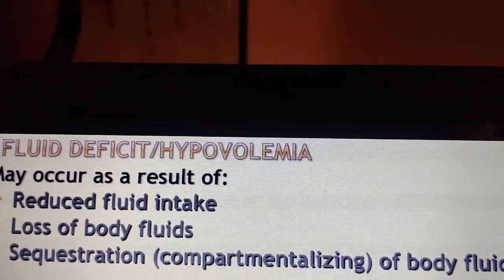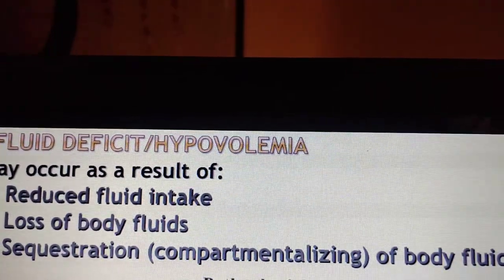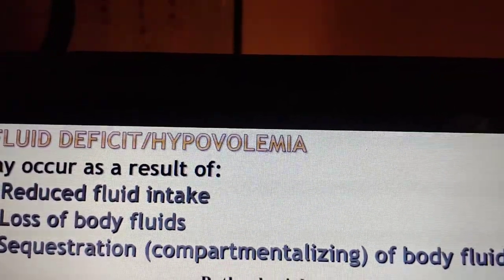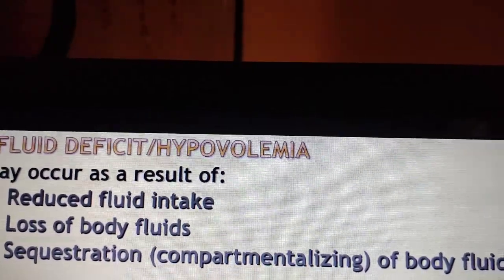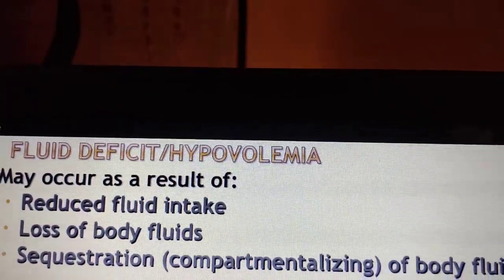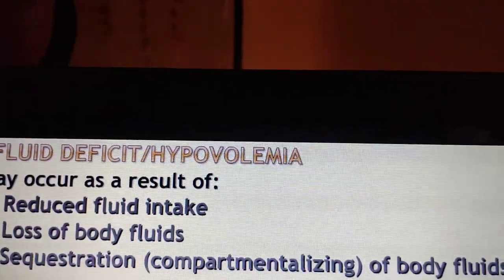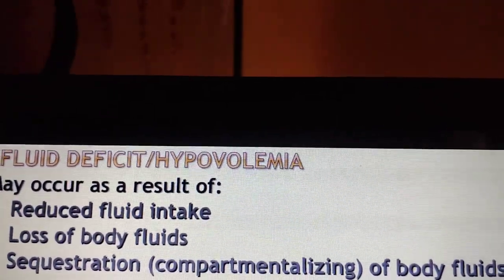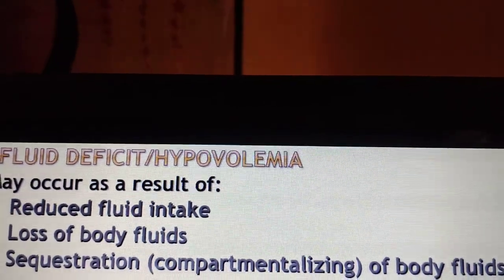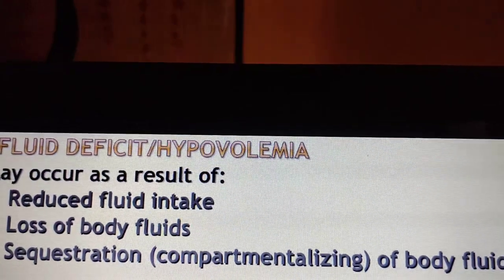What do you mean by compartmentalization? It means the transfer of fluid from the ICF to the ECF, that we call compartmentalization. Hypovolemia is a state where the body fluid is reduced or decreased, that we call hypovolemia or fluid deficit. Okay.